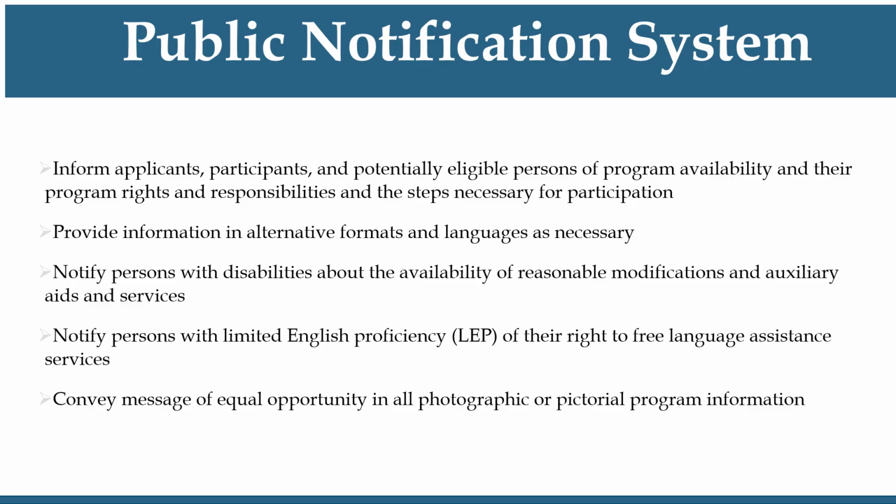You have to notify people with disabilities about the availability of reasonable modifications and auxiliary aids and services. You have to notify people with limited English proficiency of their right to free language assistance services. And you always have to make sure that any photographic or pictorial information in brochures or commercials is showing diversity in all of your students, equal opportunity for everyone.